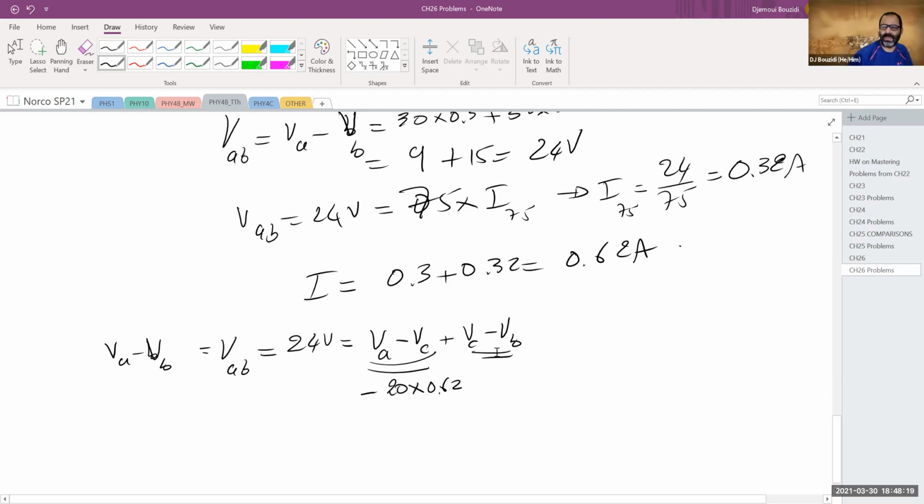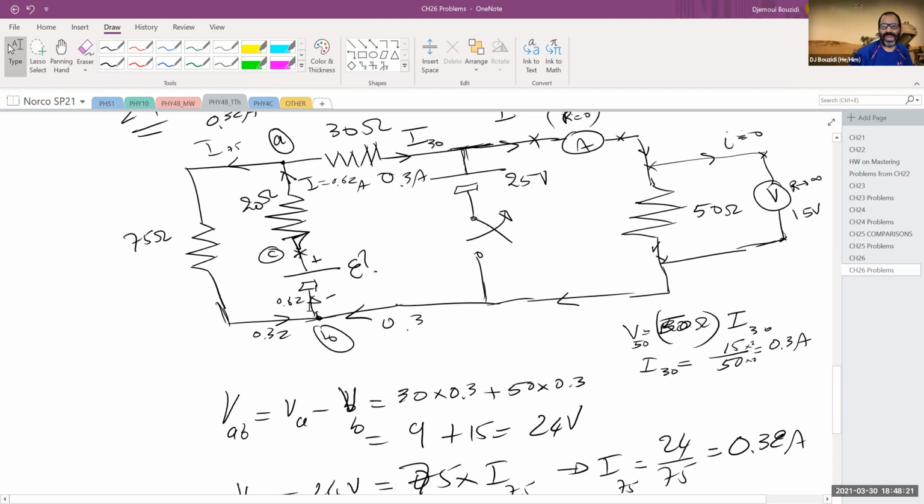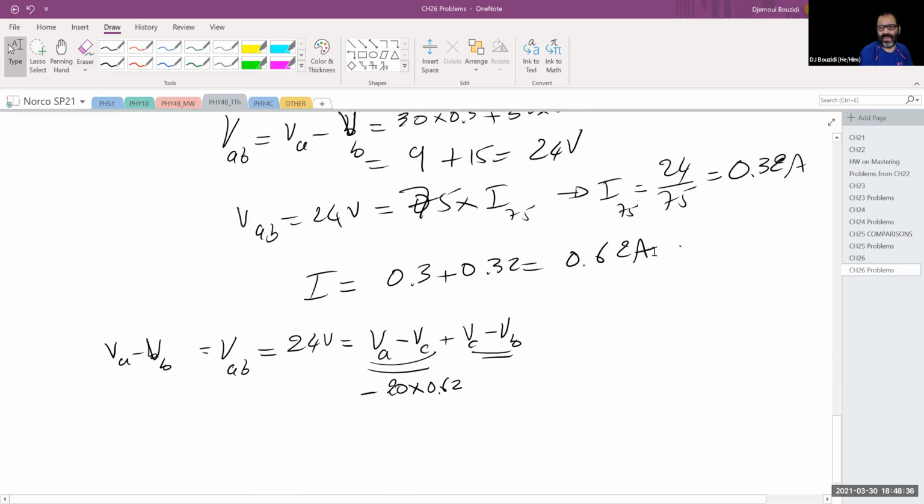And this value is because I'm coming now from the positive to the negative. That is actually an actual drop in potential because I'm coming from positive to negative. Had I come from the other side, then it's a different story. Okay. So in this case, from positive to negative, it's going to be the EMF plus EMF. So this whole thing must be equal to 24 volts.